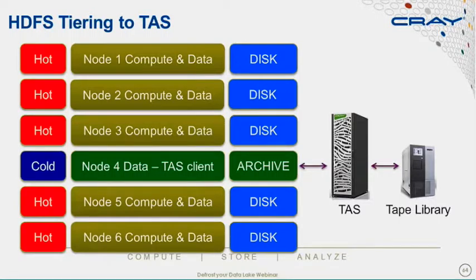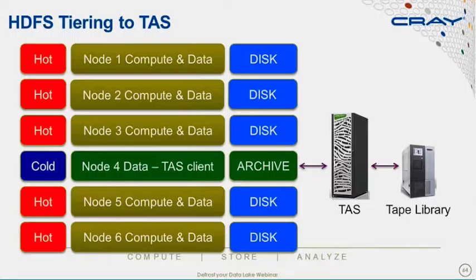So you can see by this diagram here, you can actually take an existing HDFS system that's comprised of multiple disks on multiple servers, existing disks on existing servers, and merely map in one more volume into that HDFS assemblage. Only that one volume lives on TAS and is exported from TAS. But the system itself merely sees that part of the HDFS volume is disk and part of it is archive.